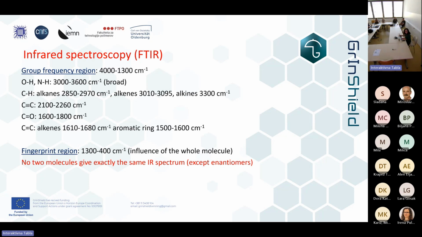So in one way it seems very easy: we can make a spectrum, and if we made it once, we know the structure, we know what it is. Actually, it is also not that simple, because sometimes it's very important how we prepare a sample.